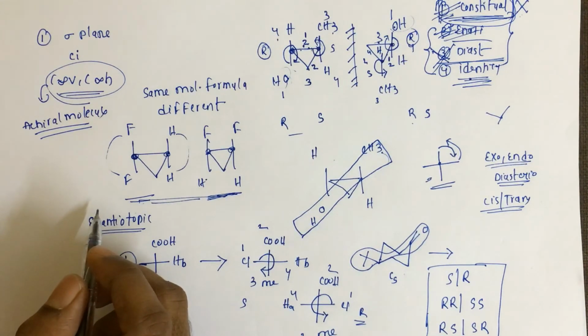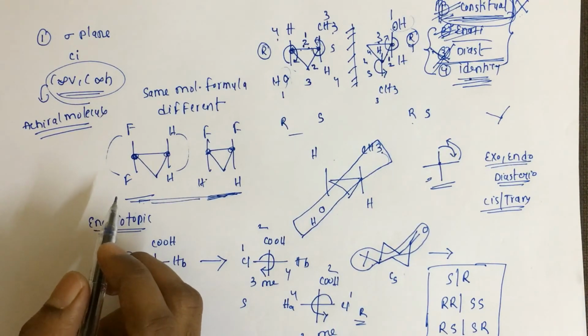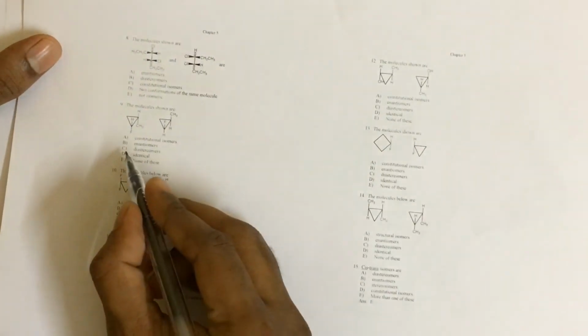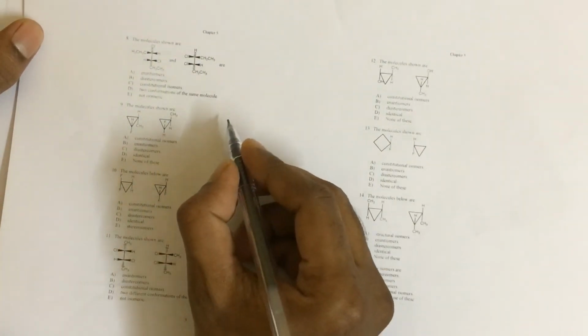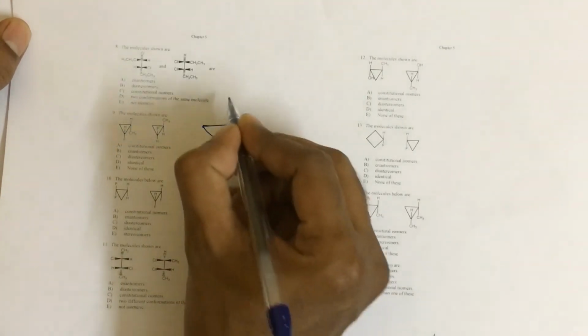I'm just giving how to identify homotopic and diastereotopic and constitutional isomers. Once we solve the problems, then it will be easy. So I will solve a few problems now. Here we have this question. I hope it's not visible, so that's why I'm writing here.